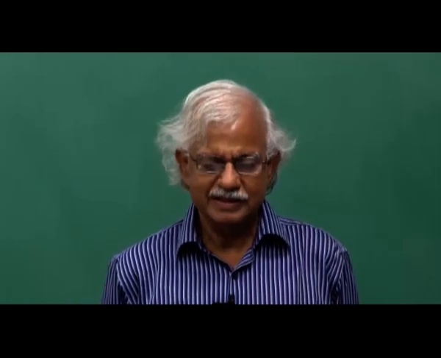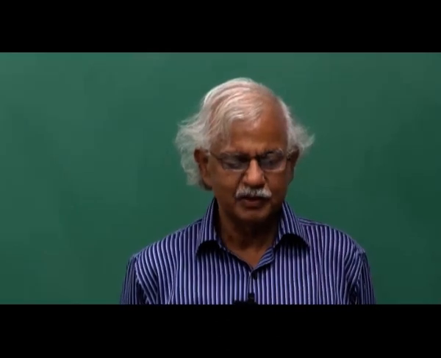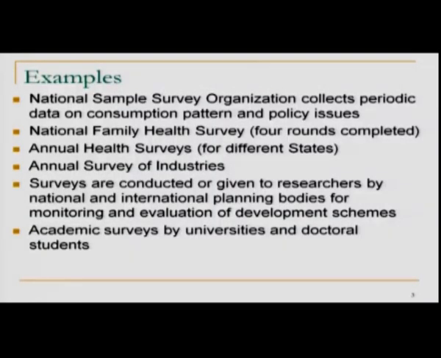Examples of some important samples include the National Sample Survey Organization, which has been collecting periodic data on consumption patterns. At the national level, our estimates of poverty, poverty line, head count ratio, and also unemployment, occupation, migration, all these are based on data collected through the National Sample Survey Organization.